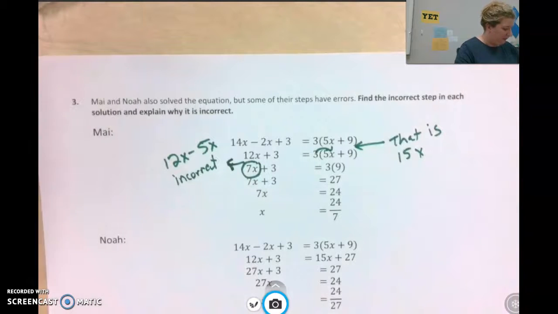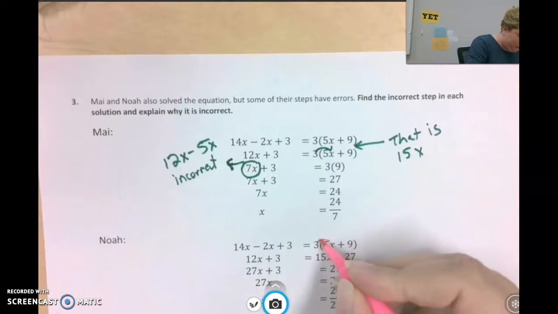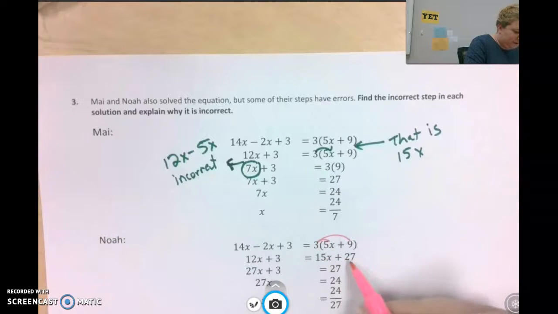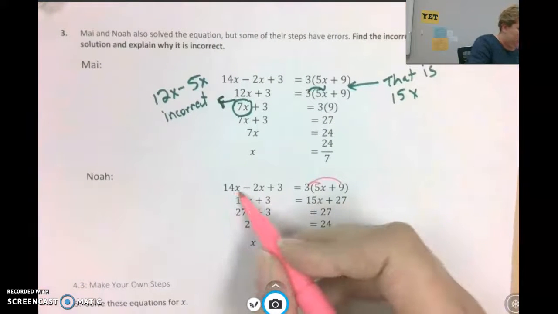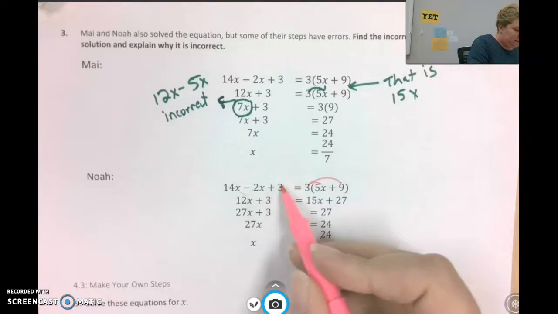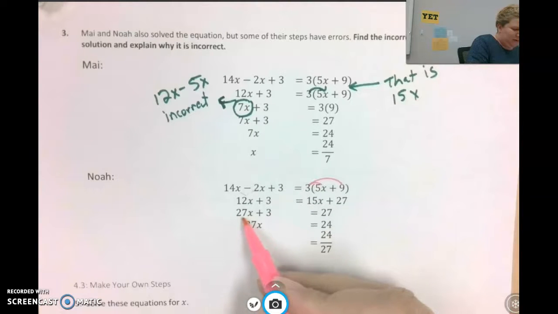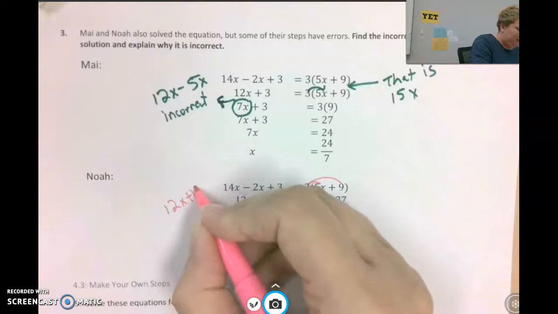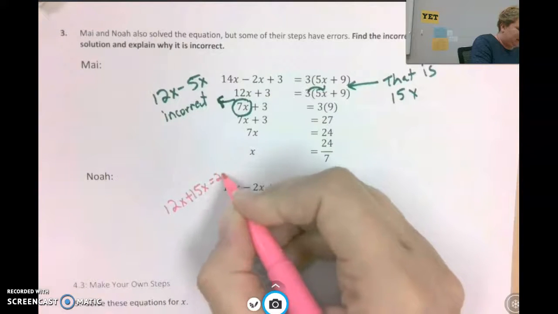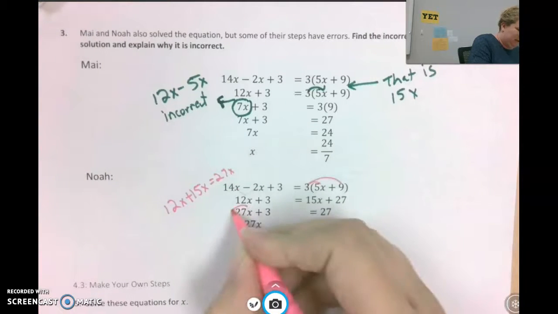Okay, now let's see about Noah. So he did distributing here. 3 times 9 is 27. 3 times 5x is 15x. Okay, this is good. This is good. Now here we've got 27x. So 12x plus 15x equals 27x.